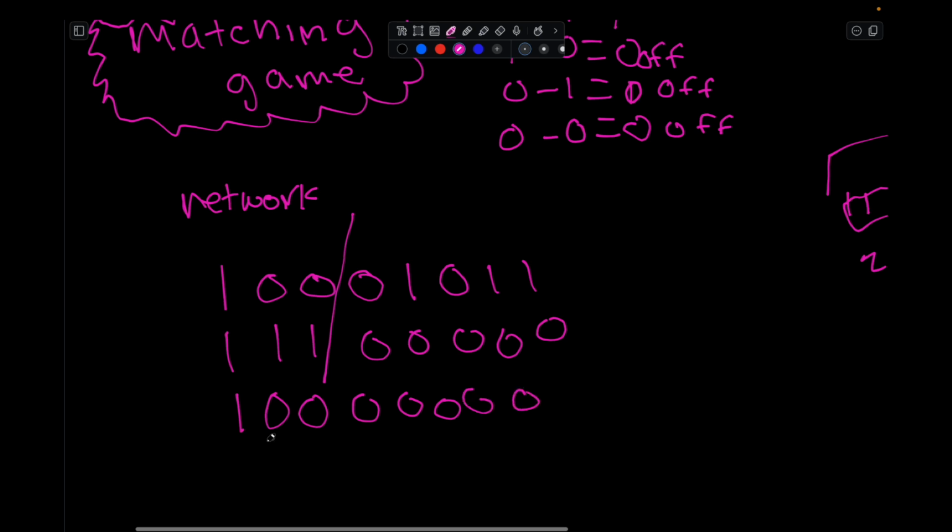Right, so we turn this into a number. This is 128 in binary.